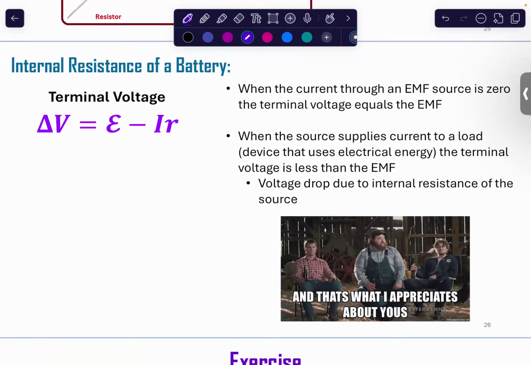Your delta V equals your EMF across the battery only when there is no current. When there is a current, voltage is going to decrease across the battery. The way we've been drawing circuits is the way you'll continue to draw them, but just so you know, there's a difference.